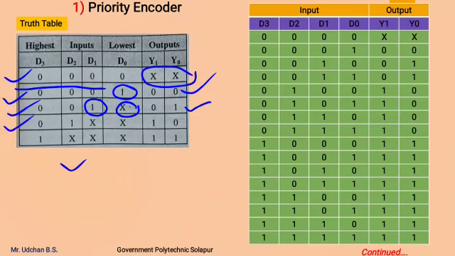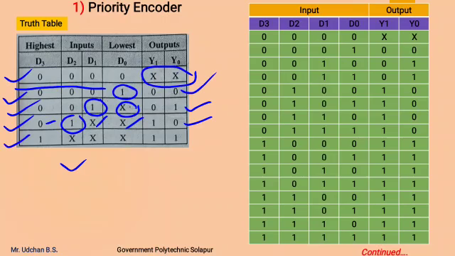In the next case, D2 is 1 and D3 is 0. Whatever the input at the D1 and D0 lines, we get output 1 0, as D2 has higher priority than D1 and D0.